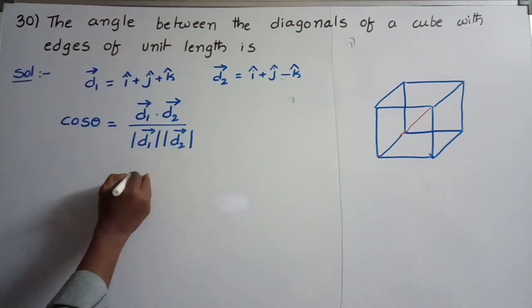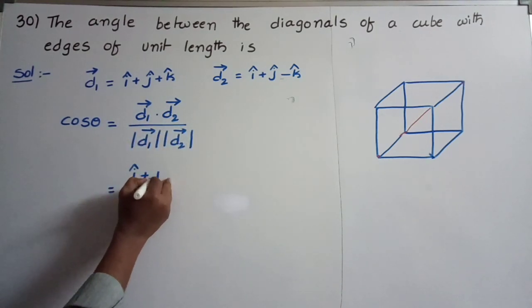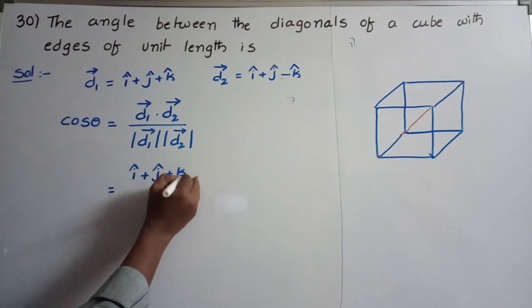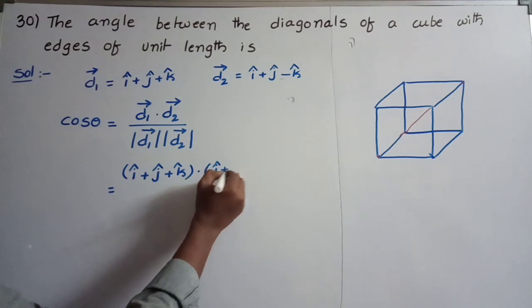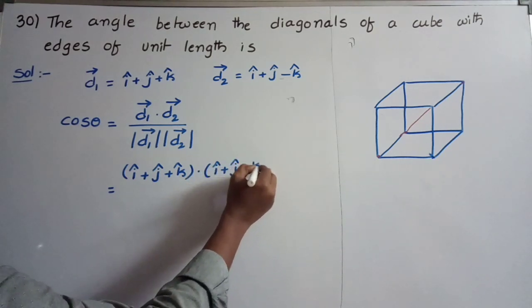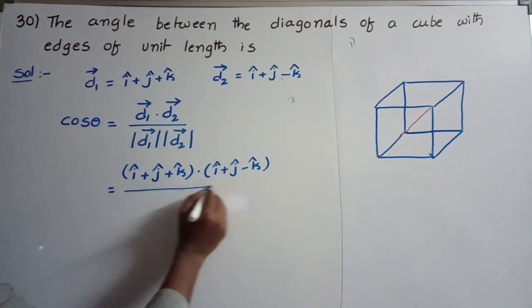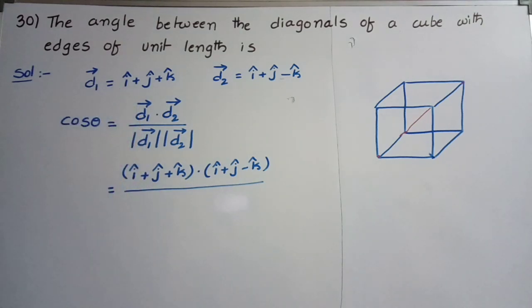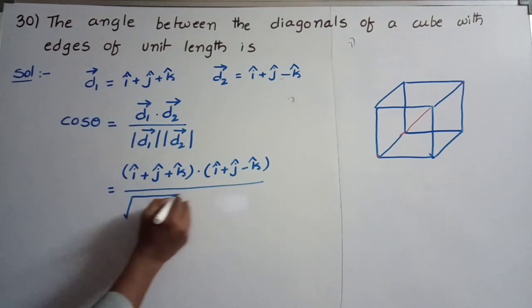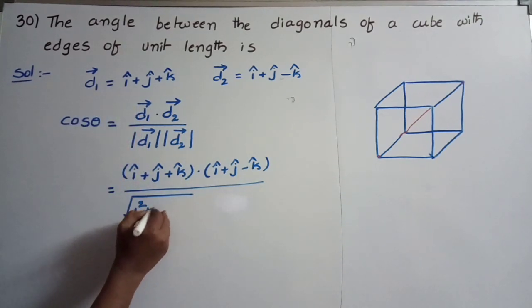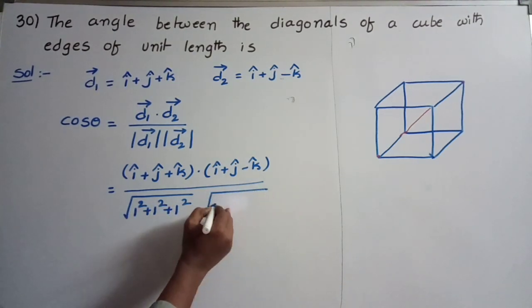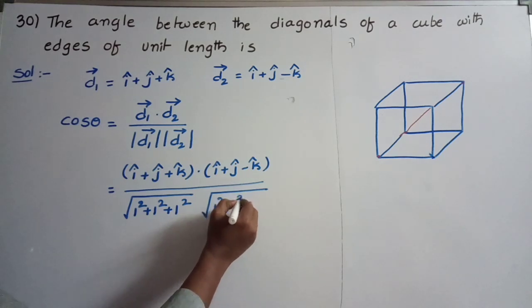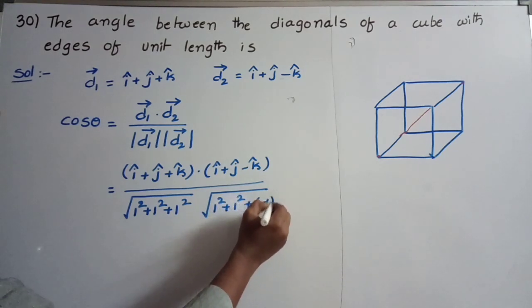That is equal to i cap plus j cap plus k cap dot i cap plus j cap minus k cap, by magnitude of d1, so under root of 1 square plus 1 square plus 1 square, into under root of 1 square plus 1 square plus minus 1 square.